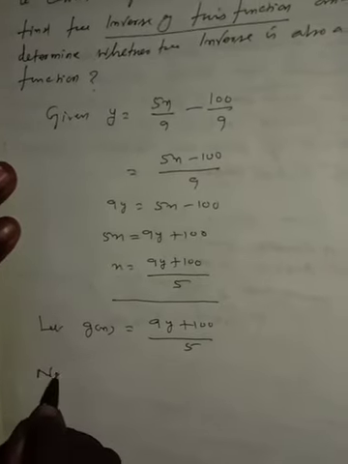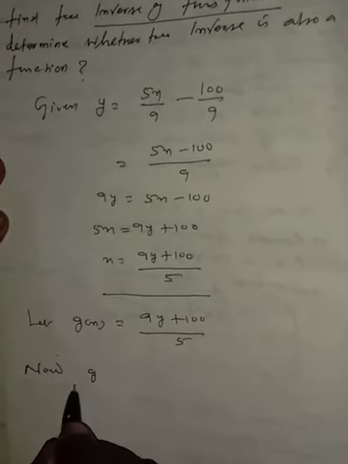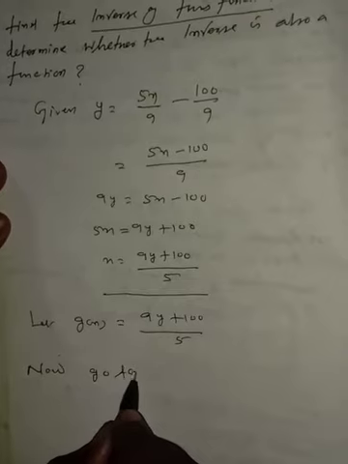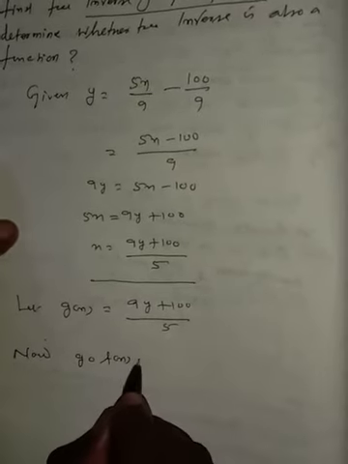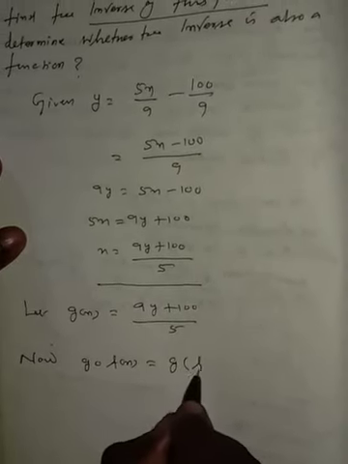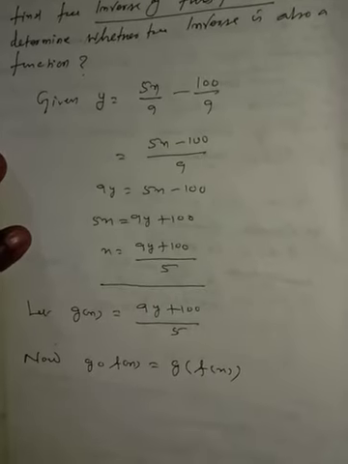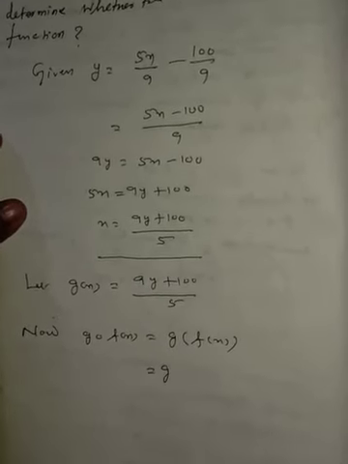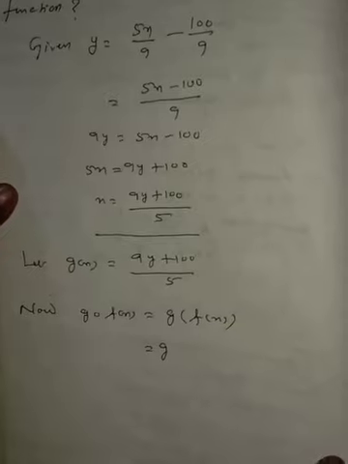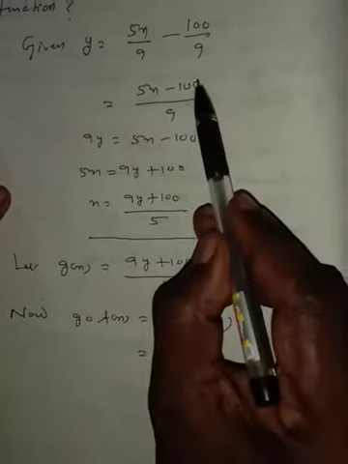Now g of f of x means g after f of x. F of x is given by y, so 5x minus 100 divided by 9.